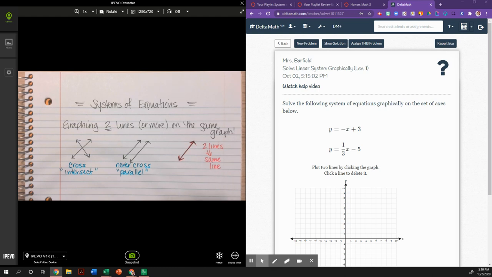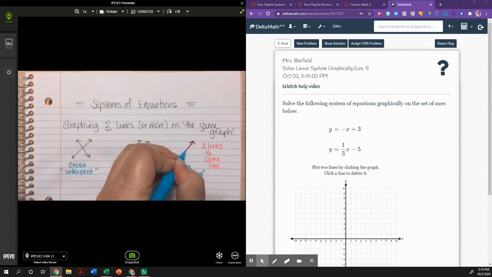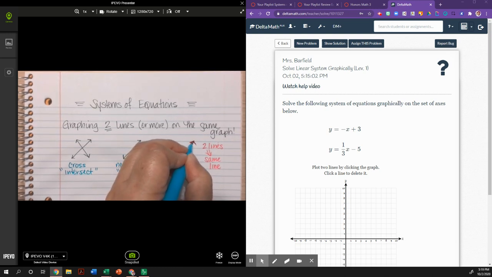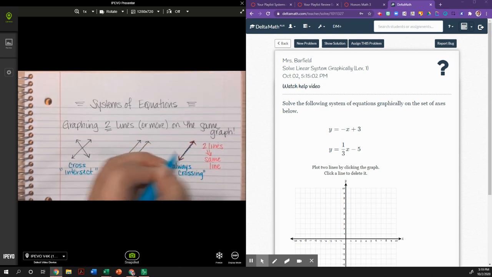And mathematicians think of these as always crossing. Anywhere I put my pen on this line, those two lines are crossing over one another.